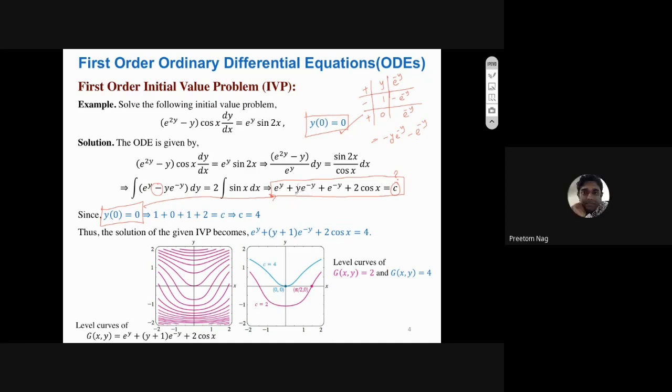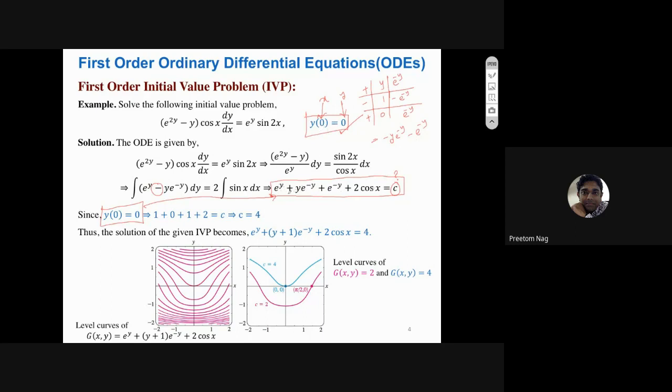Yes, this means x, and this value means actually y. When x equal to 0, y is also 0. So if x equal to 0, then y equal to 0. So that information we will apply in the left hand side.